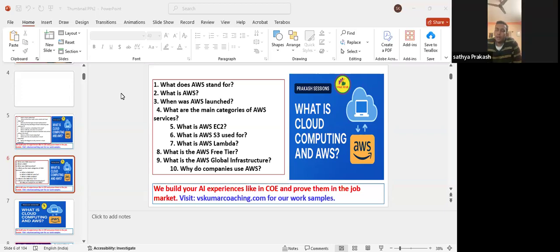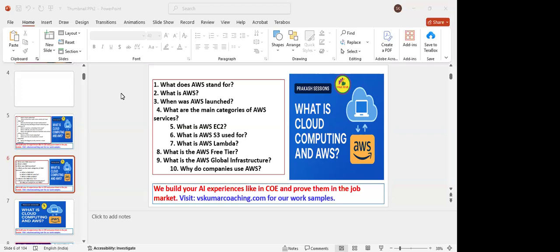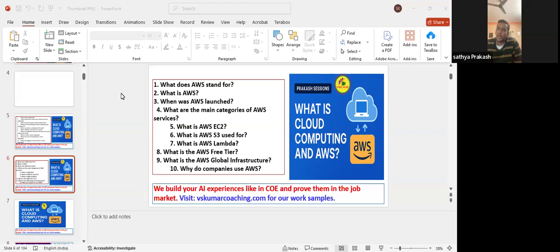AWS is the on-demand providing of cloud computing services like storage, computing, security, database, DevOps, and all these kind of things, all available for rent from the AWS provider, and they'll be paid according to only how much they use.